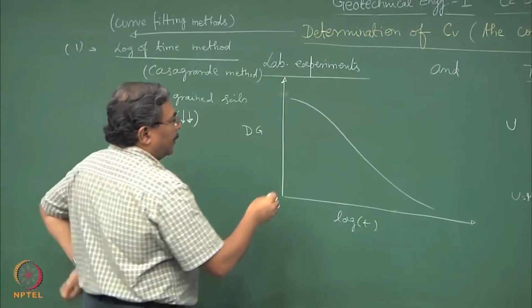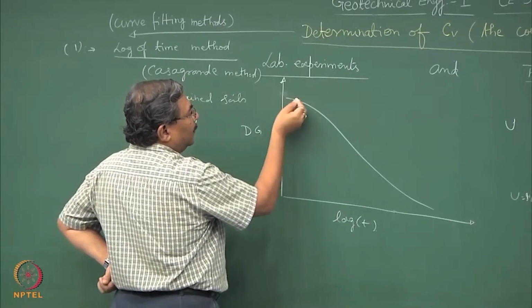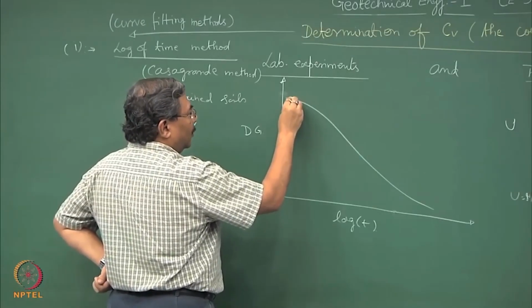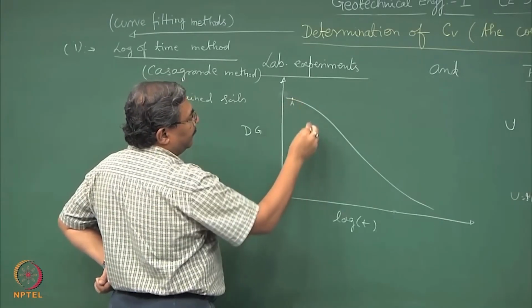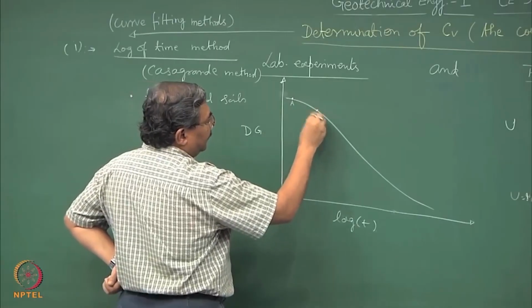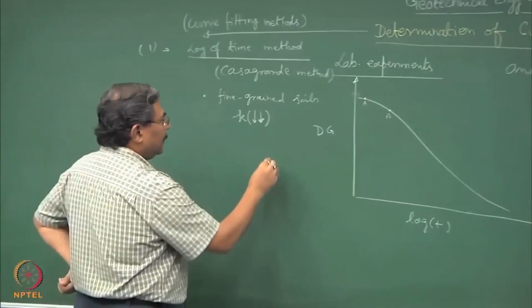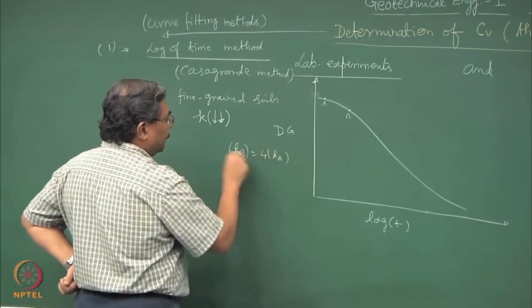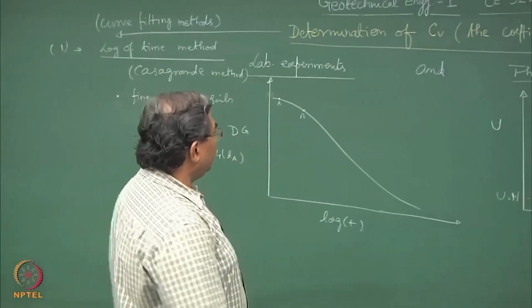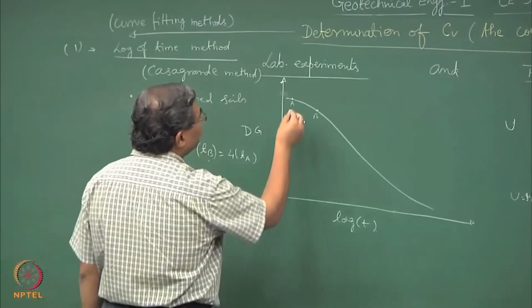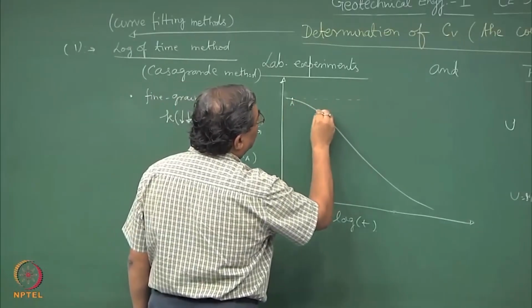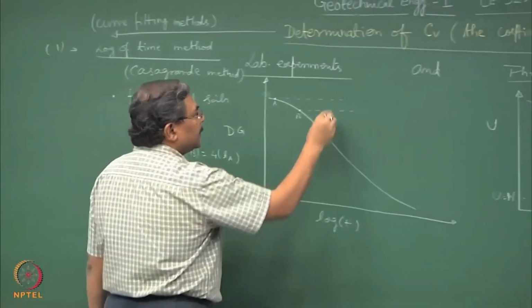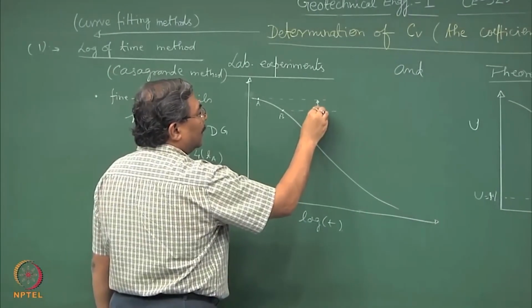See, what happens is you consider a point in such a manner on this graph, if it is A and a point B in such a manner that T B is equal to 4 times T A. All right. So, this is, let us say, x.